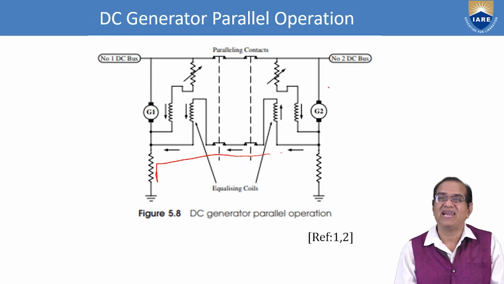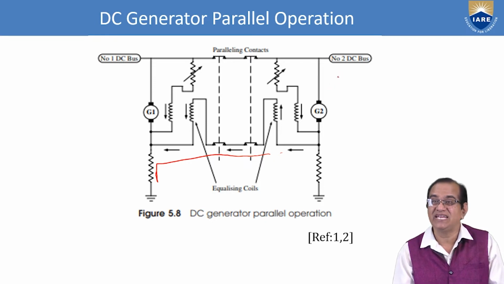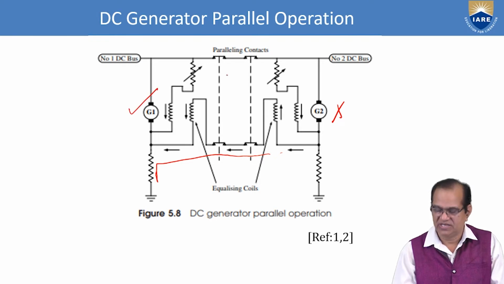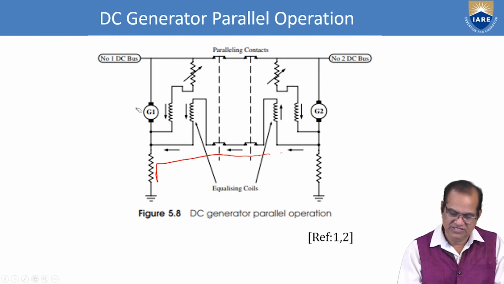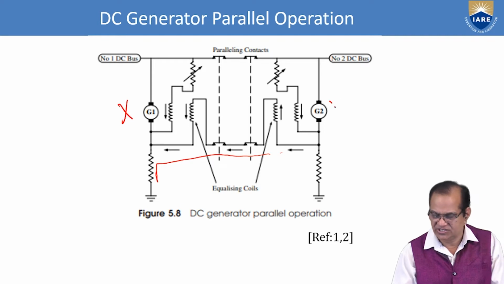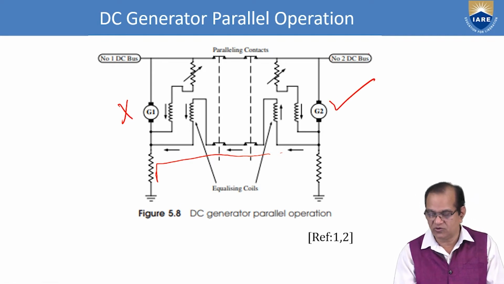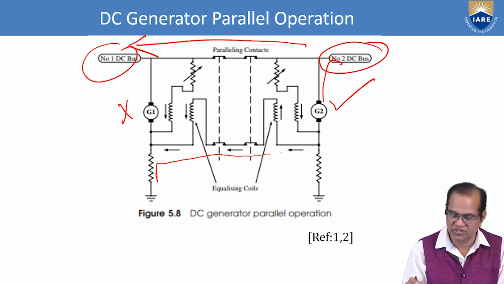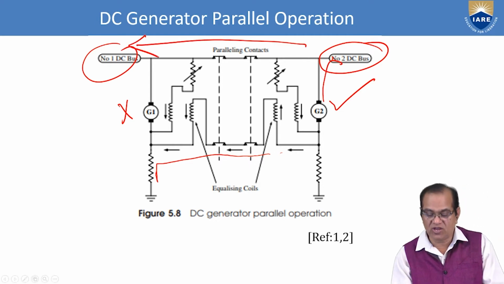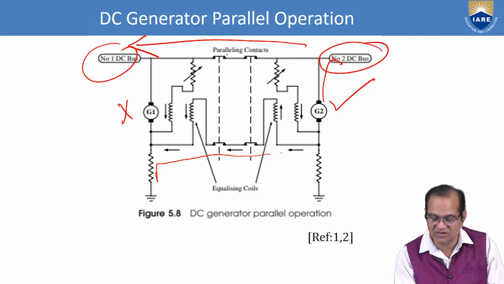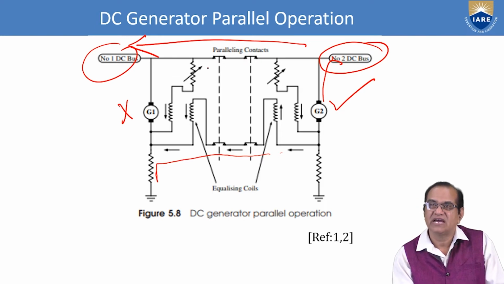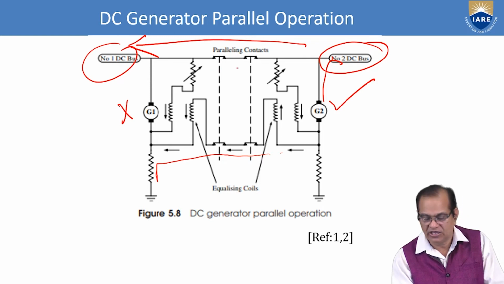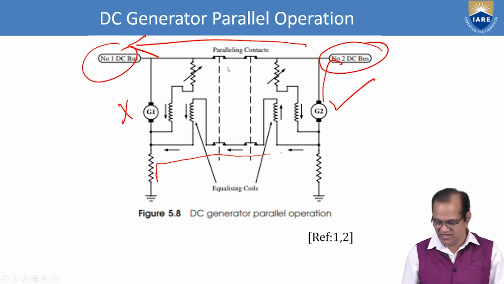So a parallel system has to be maintained at any cost. If G2 fails, G1 will work. If G1 fails, G2 will work. And this will give to this one also, and this one. Power will be given to this and this will also give to this. And here we have the paralleling contacts. This contact will be made automatically, uninterrupted, and no human interference is needed.